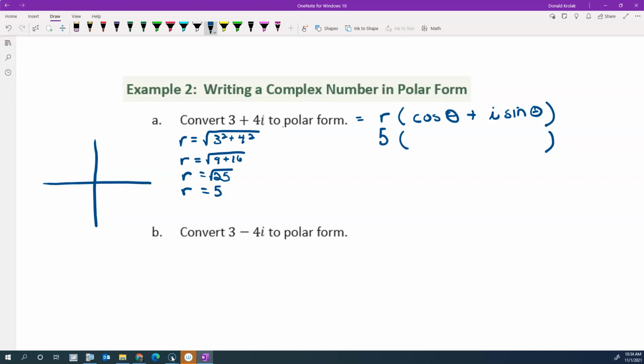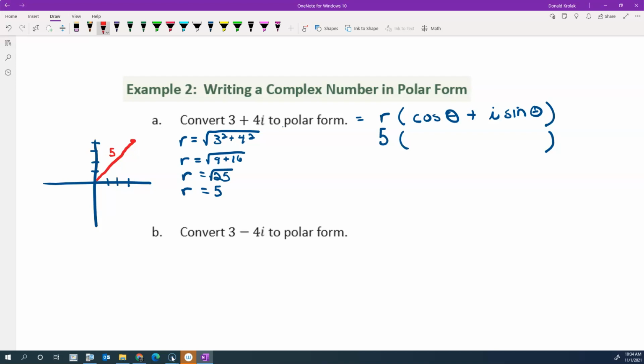If I plot this, this would be 1, 2, 3, 1, 2, 3, 4. So it would be right here. And I already figured out that this length is 5.